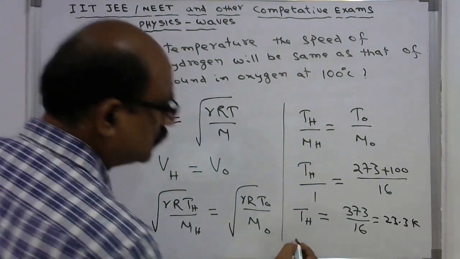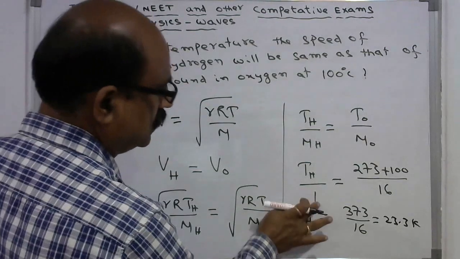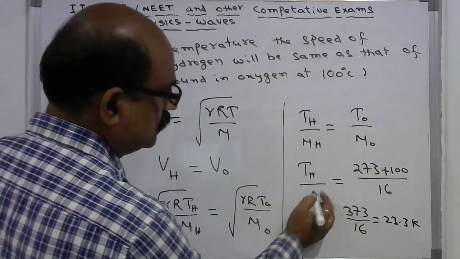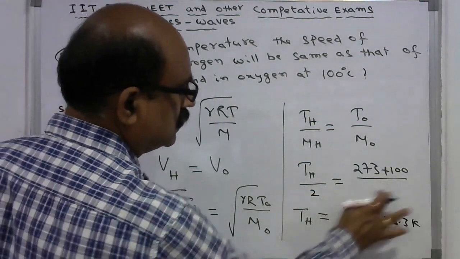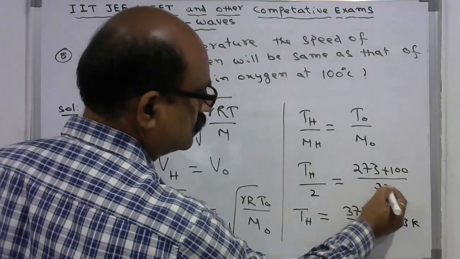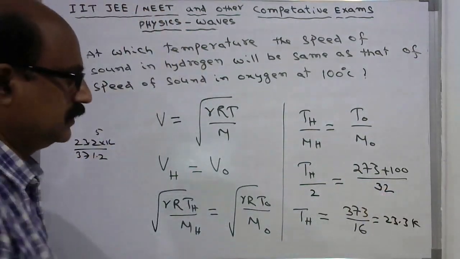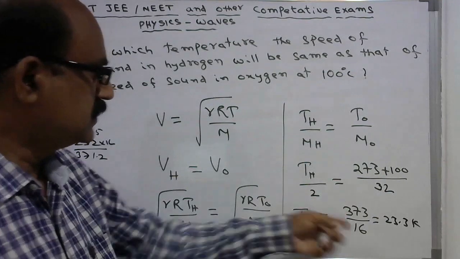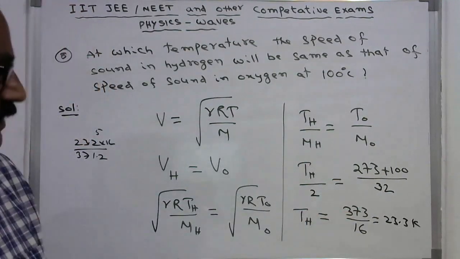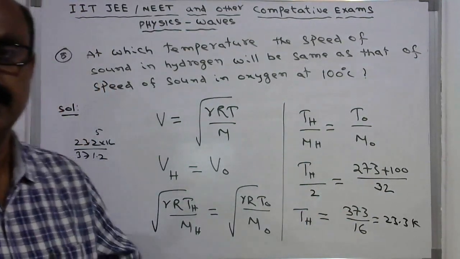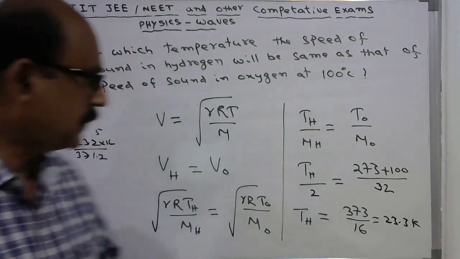But of course, this is molecular mass, so you have to write down here 2 and this is 32. Then you can make this as 373 by 16 because we are taking molecular weight, not atomic weight.